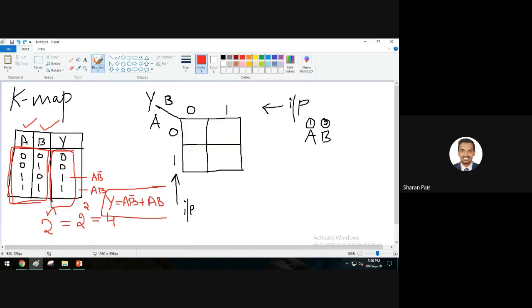So what is the location of A 0, B 0? This is the position. What is the output? Output is 0, so this 0 is written here.